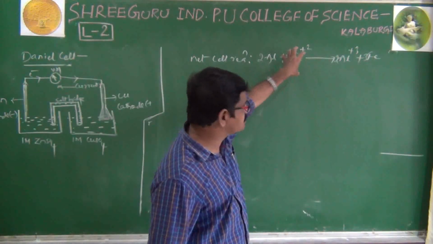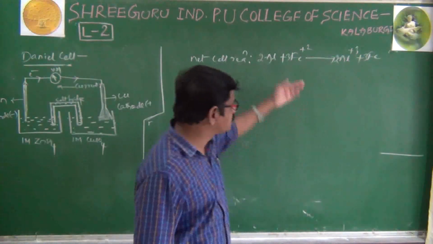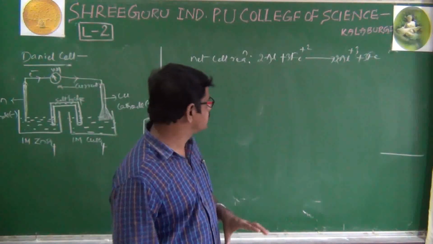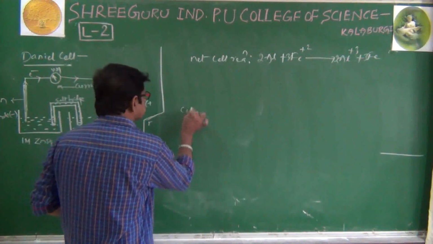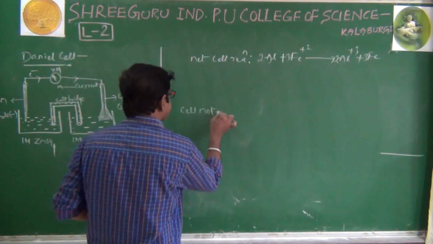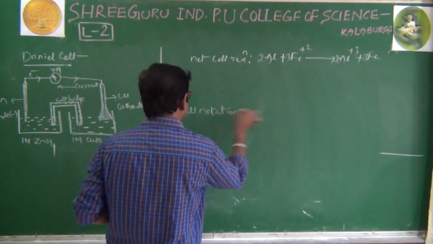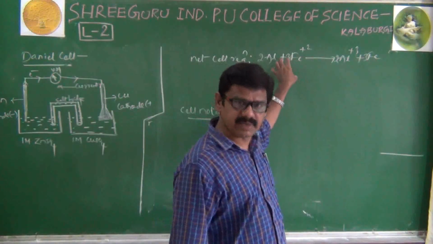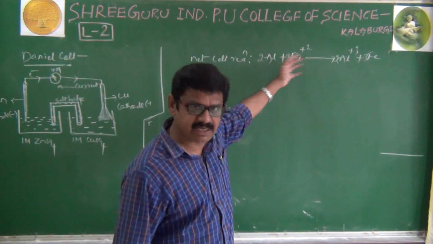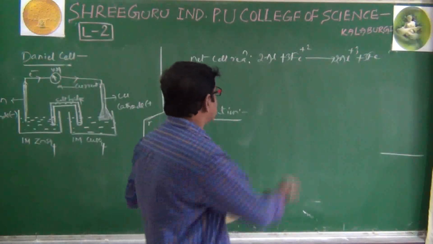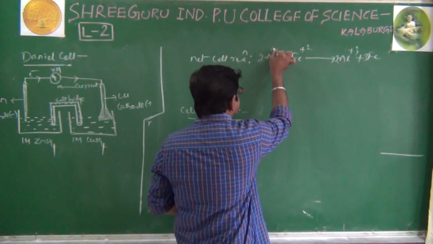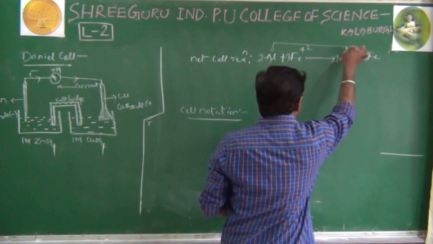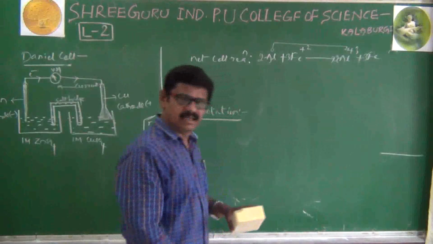Now, with the help of this net cell reaction, we have to write the cell notation of the given galvanic cell. Very simple. First, we have to identify which element is undergoing oxidation and which is undergoing reduction. Aluminium right now is in the elemental state, oxidation number 0, and it has converted to plus 3, an increase in oxidation state.